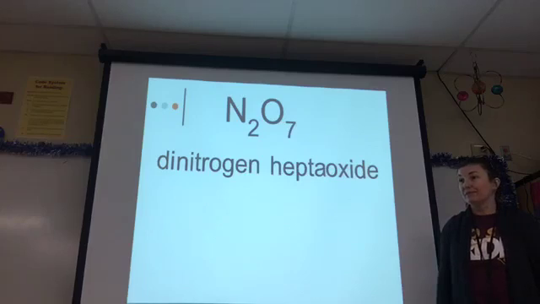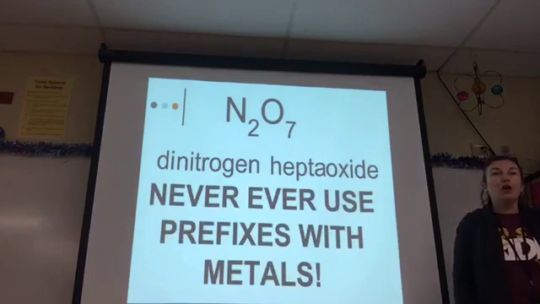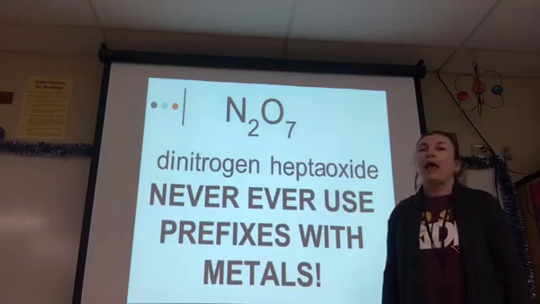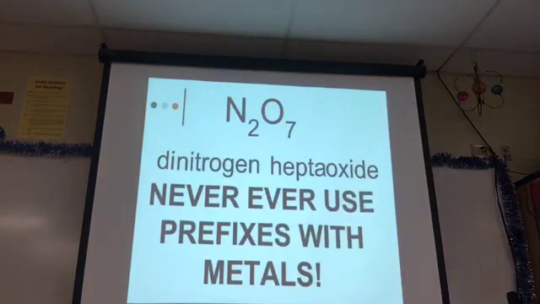Does it make sense? Okay, but here's the thing. Never, ever use these with metals. If you see any of those elements on the left-hand side of the periodic table first, do not use prefixes. Do not say it is trialuminum dioxide or something like that, or Al2O3, dialuminum trioxide, or NaCl, sodium monochloride.